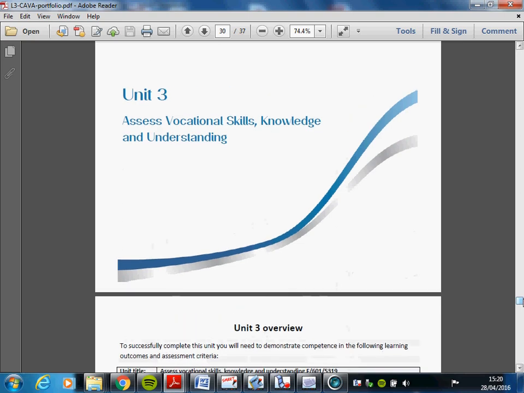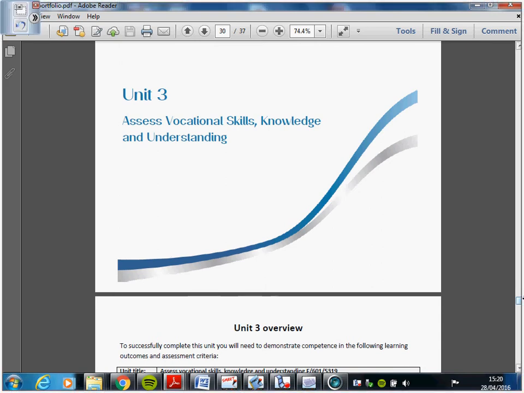This is about assessing vocational skills, knowledge, and understanding. Here we are looking at the actual skills, knowledge, and understanding. Slightly different from occupational competence, occupational observation, or practical observation.